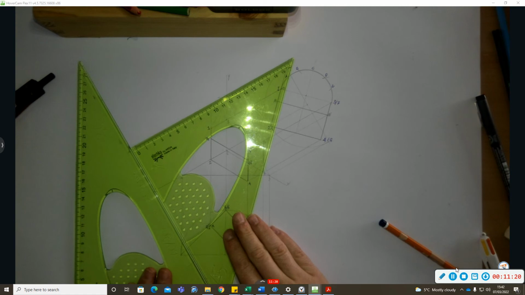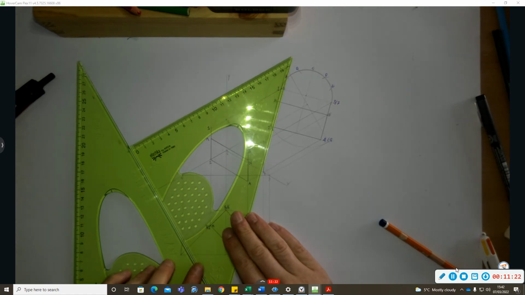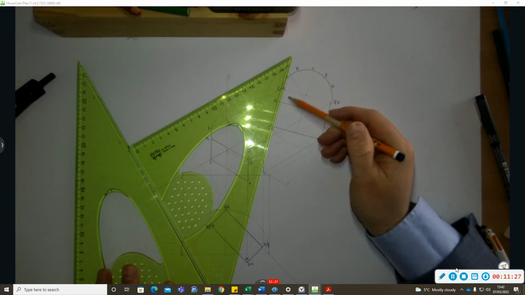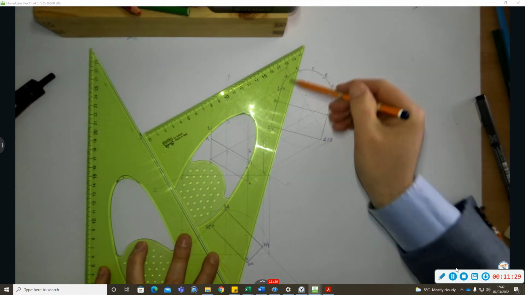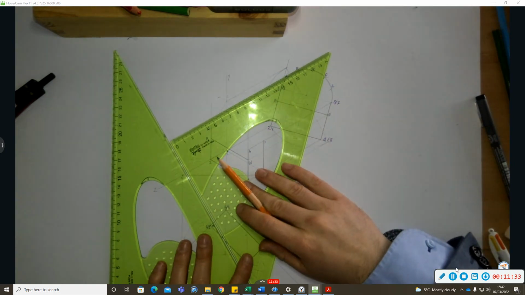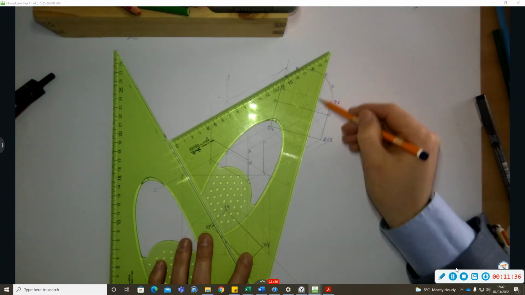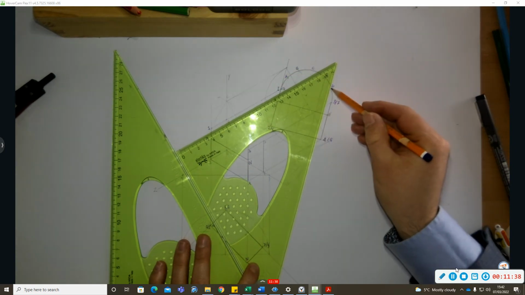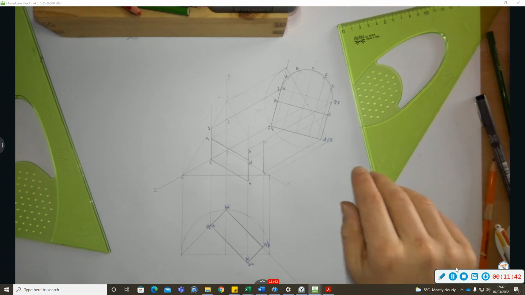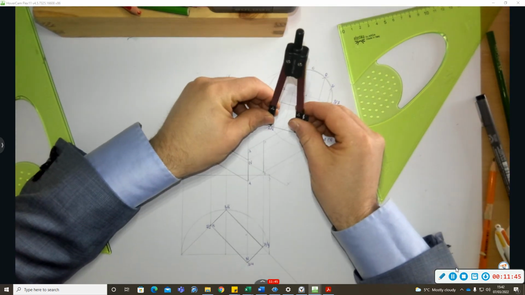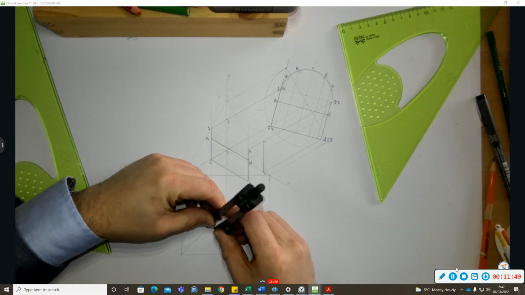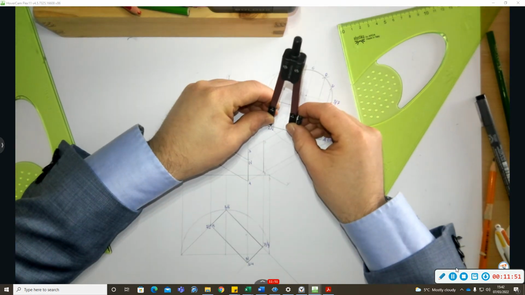Just going to project these down parallel to the end face. So I'm going to take my compass now here. So I'm going to bring A, B.